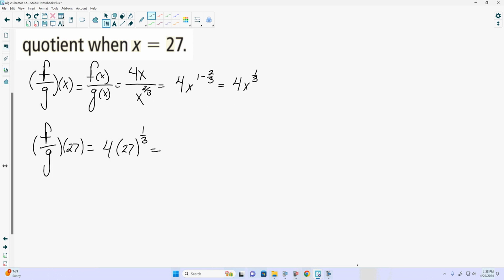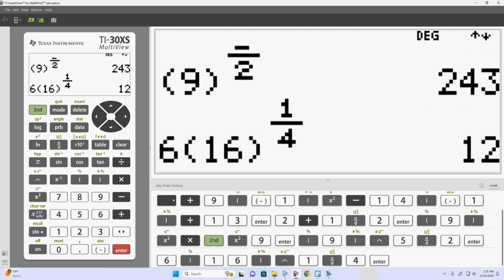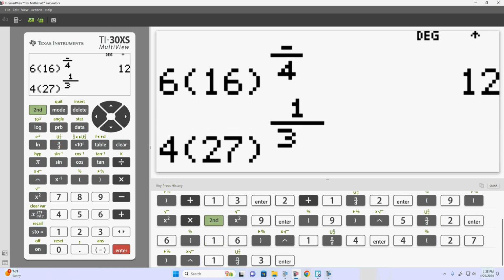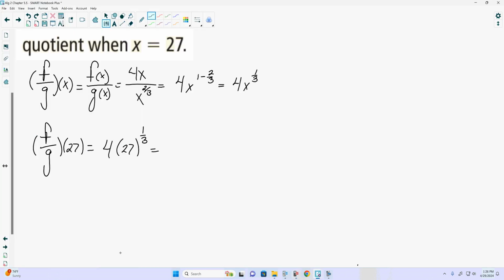And lastly, we're going to find f divided by g of 27. So we're going to plug 27 in for x. So we're saying 4 times 27 to the 1/3. Is 27 to the 1/3 what times itself 3 times is 27?